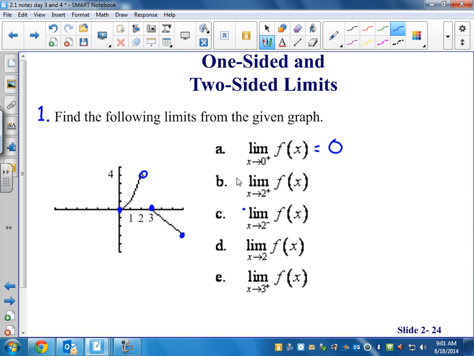But am I ever getting super close to 2? Do you agree that it stops here when x is 3? So what do you think I'm going to write there for my limit? Yeah, it does not exist, because I can't pick numbers like 2.1, 2.2. It stops. So I'm going to say does not exist, or no limit, or undefined.